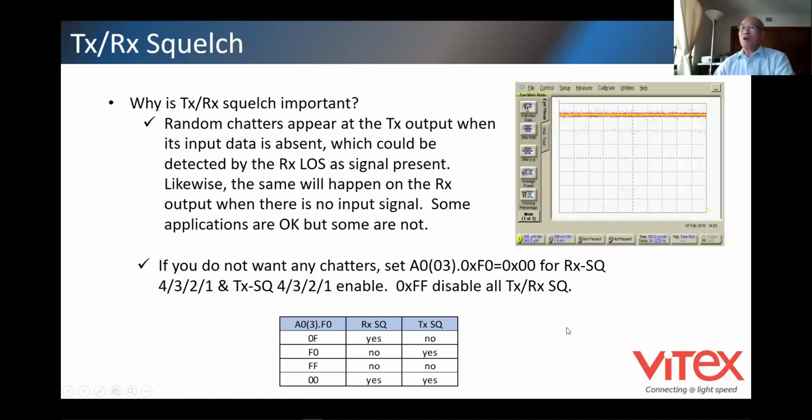And the last parameter, I'm sorry, I'm a little bit over 20 minutes. The last parameter I want to point out is this so-called squelch. Most of you would know in the old days, receiver LOS tracks input power, average power. But when we move to high speed, like 40 gigabits per second and up, the CDR does not track average power anymore for LOS.